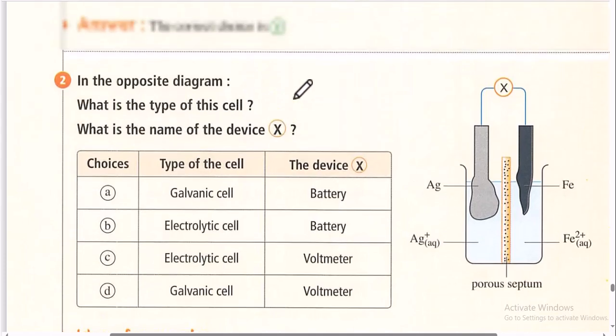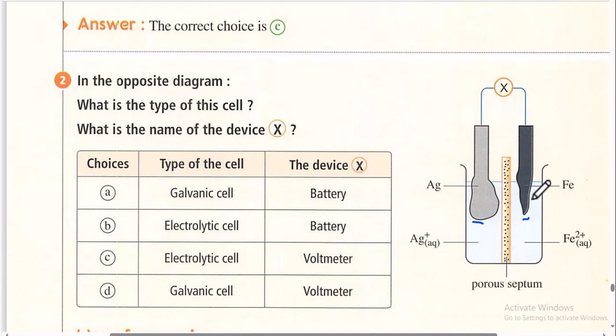Look at this cell. This cell is composed of iron, which is the more active electrode, and silver, which is the less active electrode. Iron is higher than hydrogen. It has an oxidation potential with positive value, and silver is from the coinage metals, so it is less active than hydrogen and has a very high reduction potential.